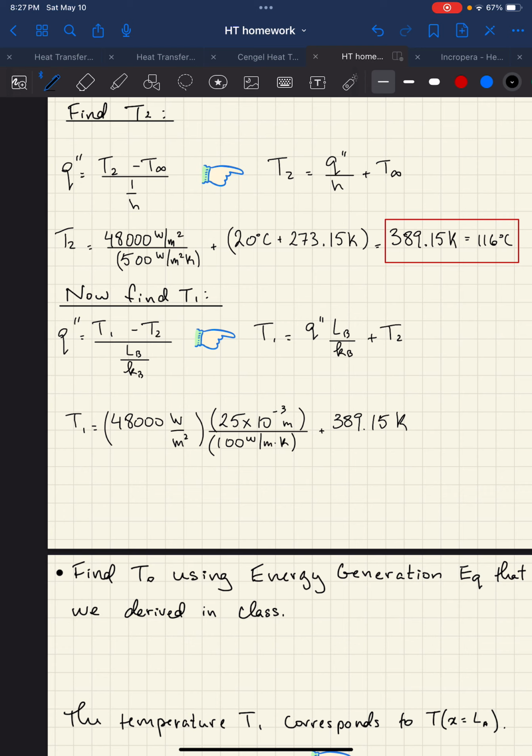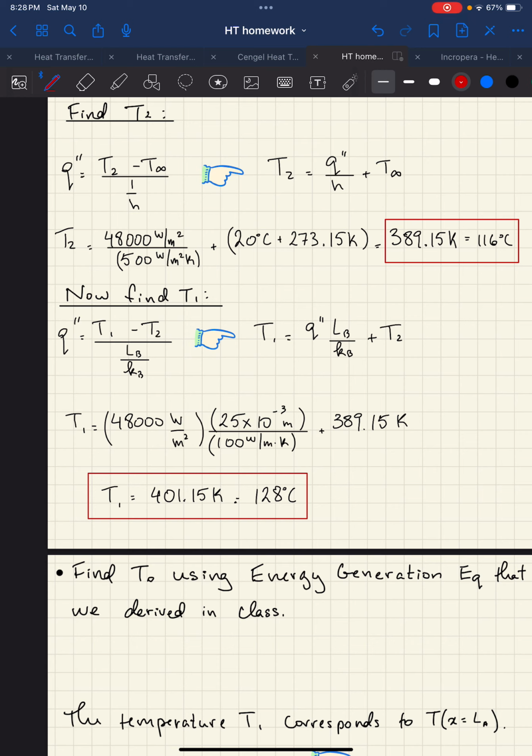I'll put it in Kelvin. So T1 will turn out to be 401.15 Kelvin again, which basically turns out to be 128 degrees Celsius. There you go.